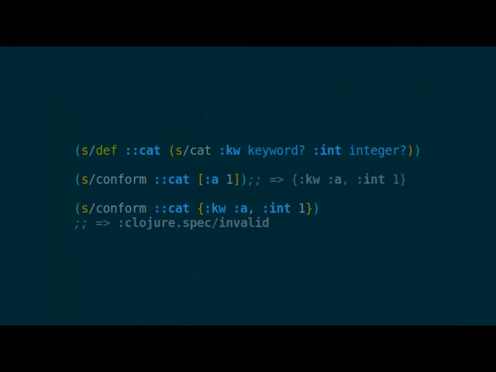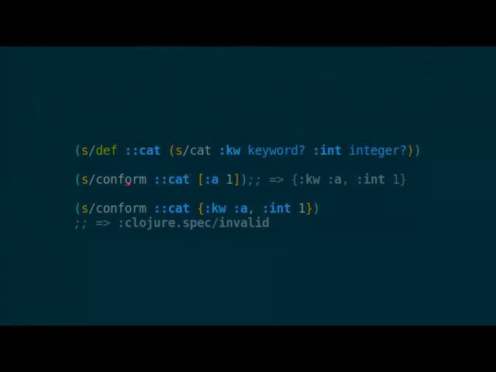because of something a bit like this. This is my go-to example for this, boiled down quite a bit. I'll break out the pointer again. Here we have a spec, cat, which I hope we're all very familiar with from yesterday. We're basically saying in this cat spec, we want a keyword followed by an integer.